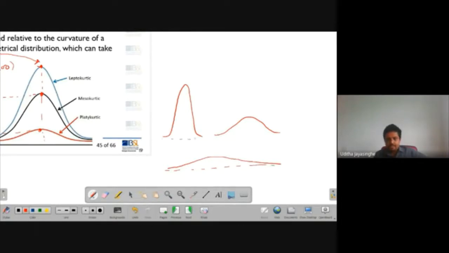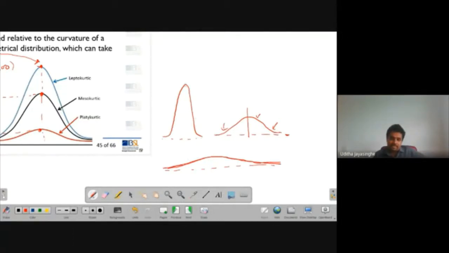Now this is a probability game. In a normal curve, your value can be anywhere over here. In a platykurtic curve, it is a very vague game of probability. You have absolutely no idea where your next value is going to be. It's almost like a flat curve.